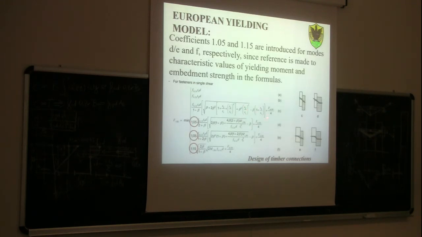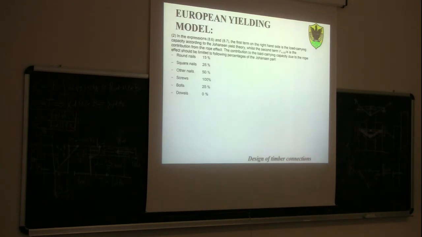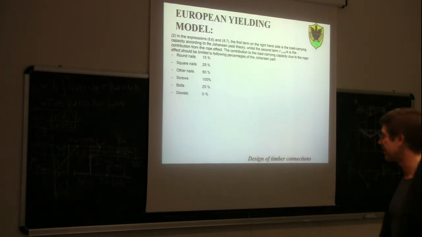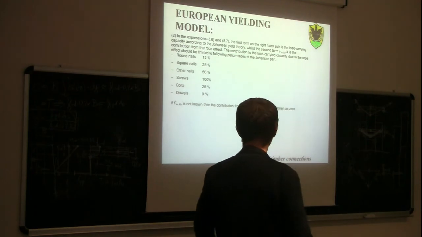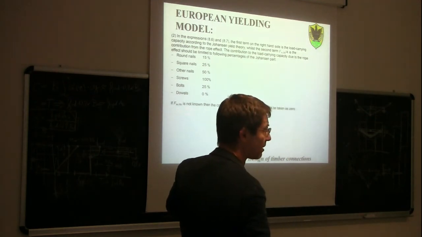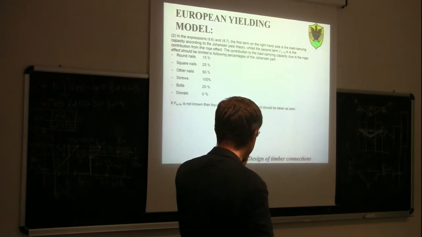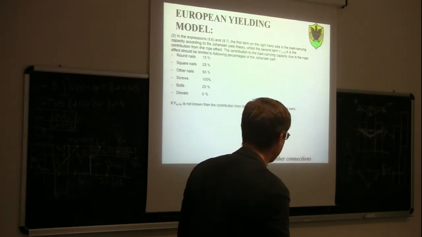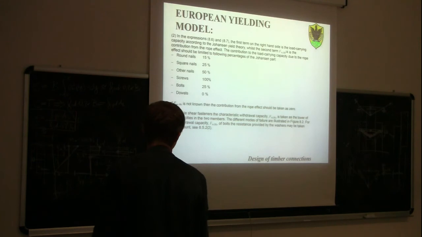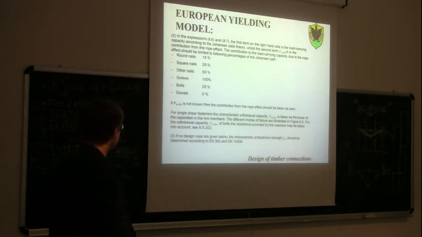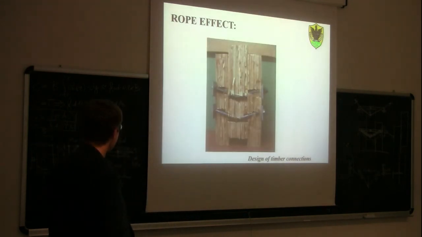If the fastener is a dowel, of course, you can't add anything. If it's a nail, you can add up to 50 or 25% of the first term. Of course, if you don't know the withdrawal capacity of your fastener, then the contribution from the rope effect should be taken as 0, so you just ignore it. Okay, is it clear about this concept?